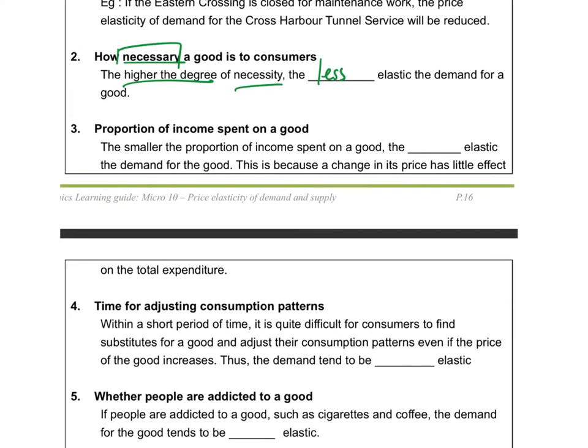The third one is the proportion of income spent on the good. This is hard to understand. What is the proportion of income spent? In plain words, it is how expensive it is to us.